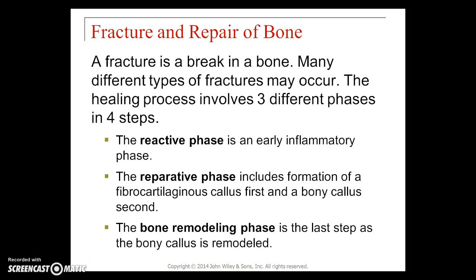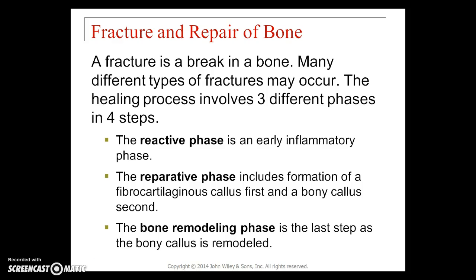Pretty much everything is classified into different categories. A fracture, in other words a broken bone, is any break in a bone. They can be partial, or sometimes they call it incomplete, or they can be complete.